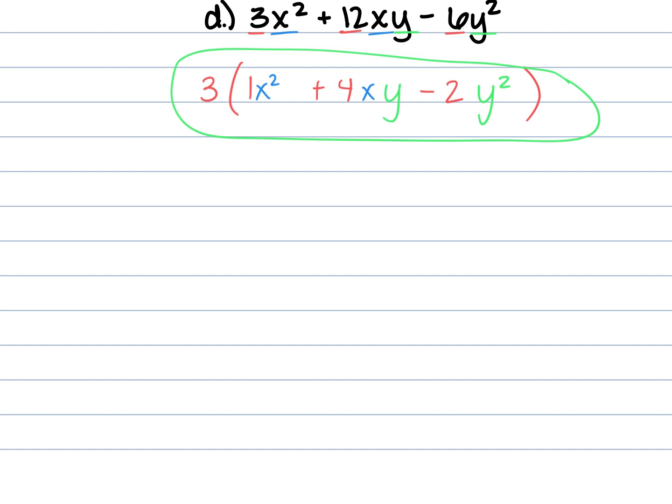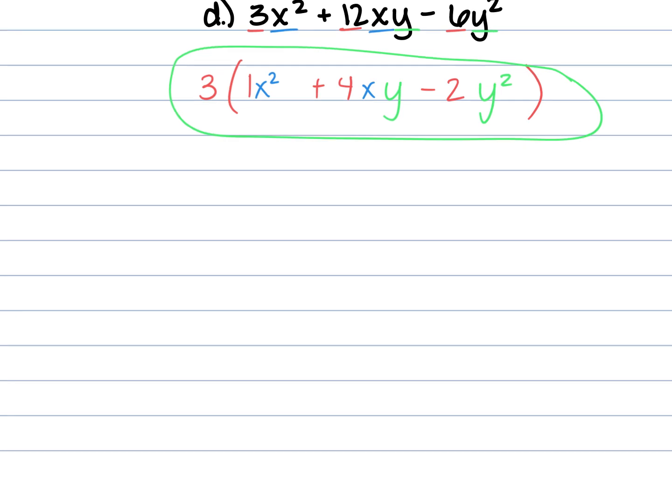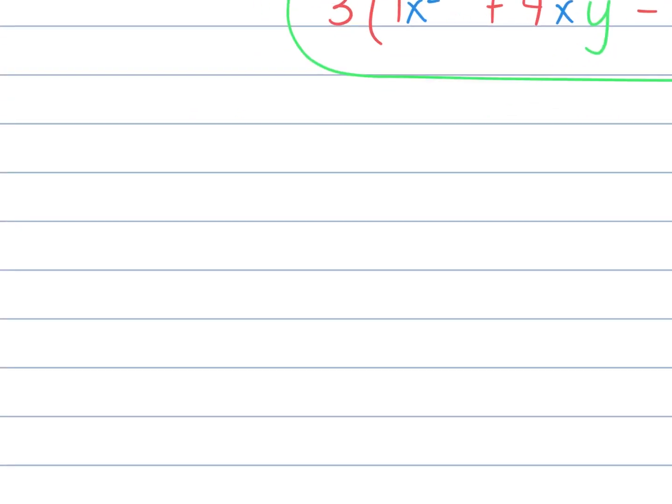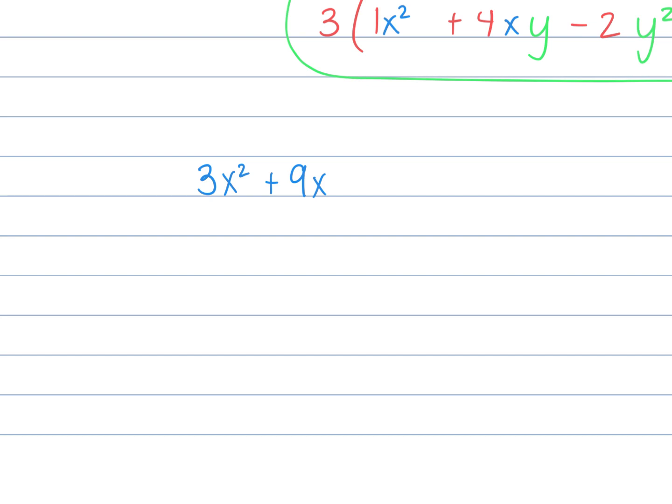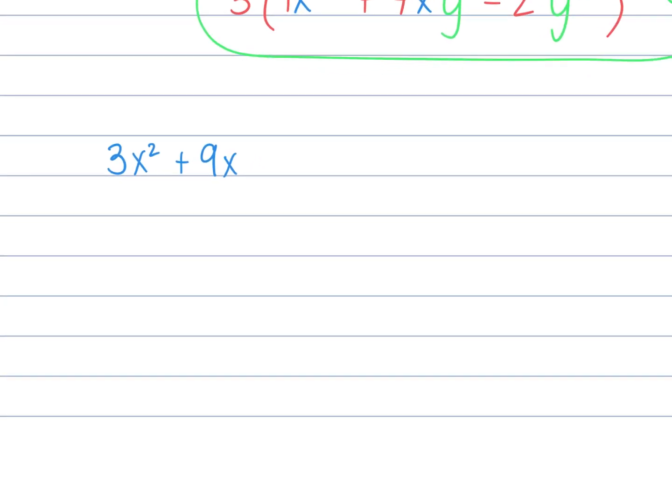I'm going to write 2 more examples because you guys have asked me to try some on your own, and I want you to try them on your own, okay? So we're going to do 3x squared plus 9x, factor it, and then also factor, the second one is going to be a little bit more challenging.